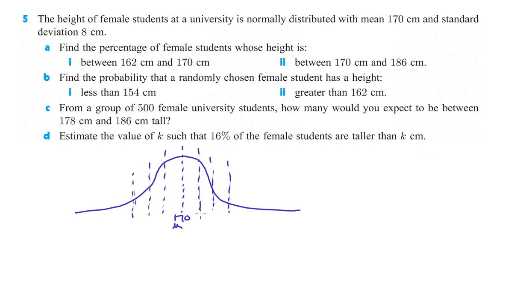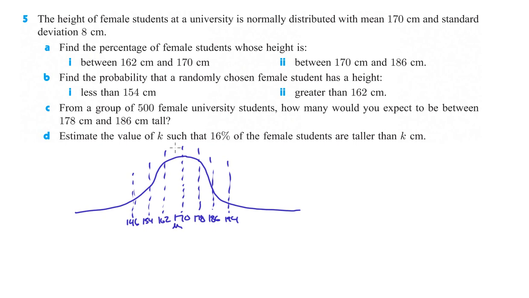Standard deviation is 8, so I'm going to add 8, 178, add 8 more, 186, plus 8 more is 194, and then subtract 8, 162, subtract 8 more, 154, and 146. Now, find the percentage of female students whose height is between, and then all these probabilities.